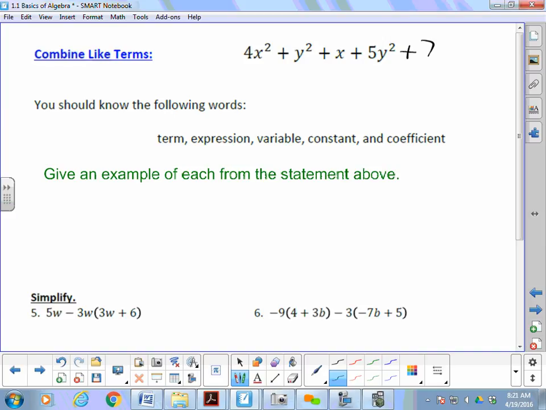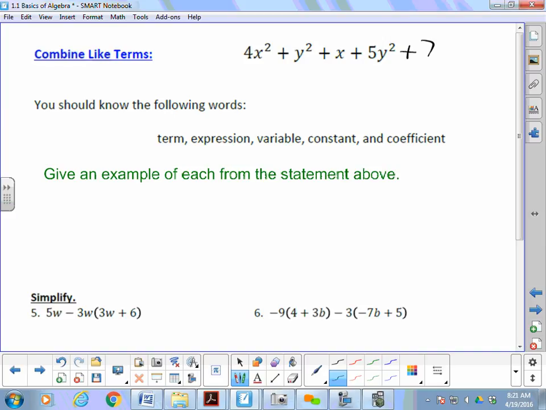So what would be an example of a term? Courtney, do you know? 5 would not be an example of a term. Good try. 5y squared. Okay. 5y squared would be an example of a term. The question is, how many terms are there up there? Okay.